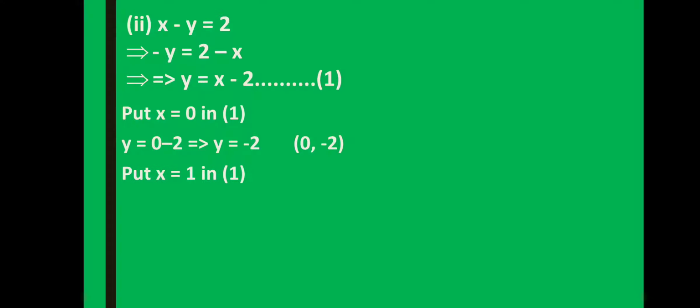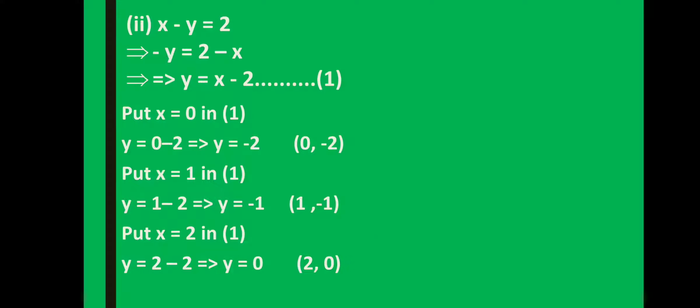Next, put x is equal to 1 in equation 1, and we get y is equal to 1 minus 2, that is equal to minus 1. So the second point is 1 comma minus 1. Then we put x is equal to 2 in equation 1, and we get y is equal to 2 minus 2, that is equal to 0. So the next point is 2 comma 0.